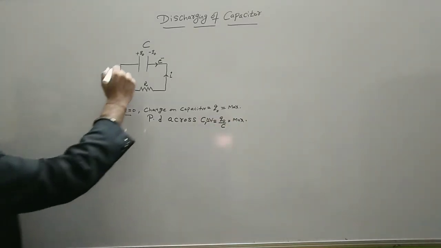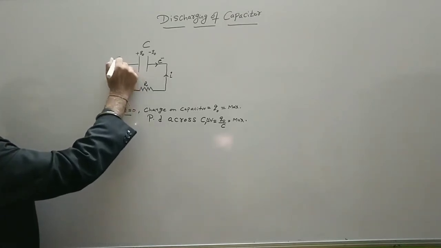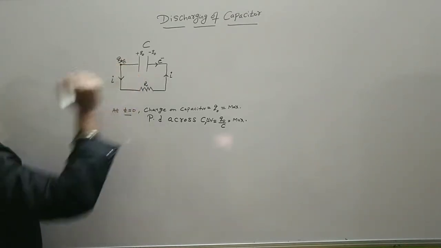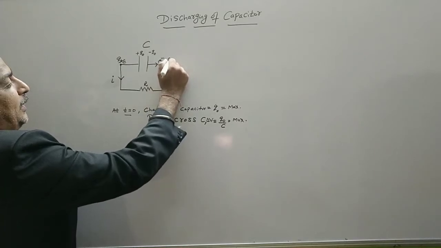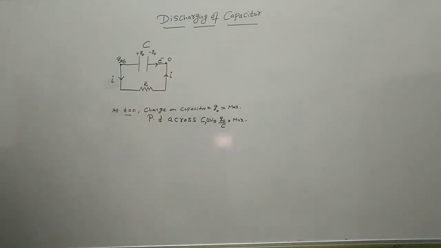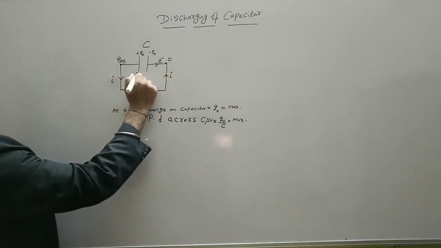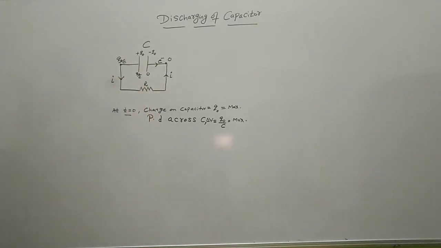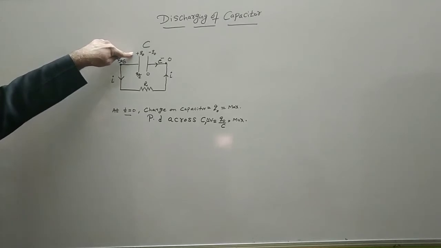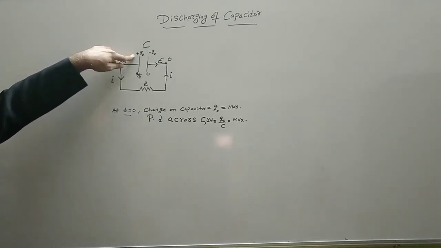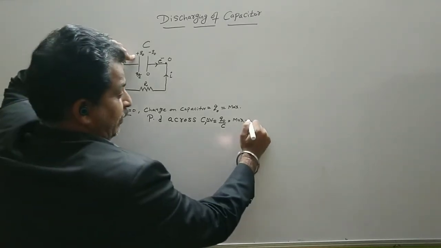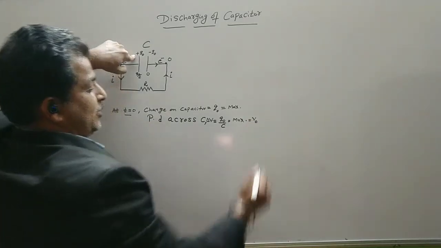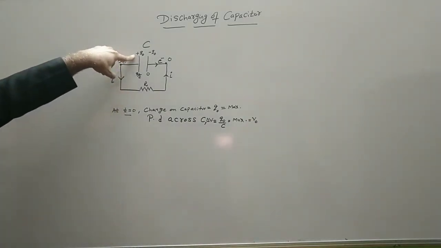That is, this plate is at potential Q naught by C, and this plate is at zero potential. So the capacitor potential initially is maximum. Let us denote it by V naught.